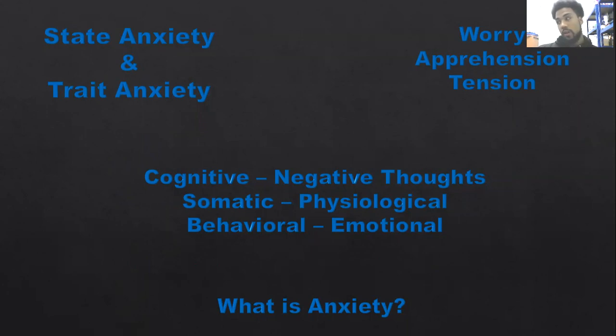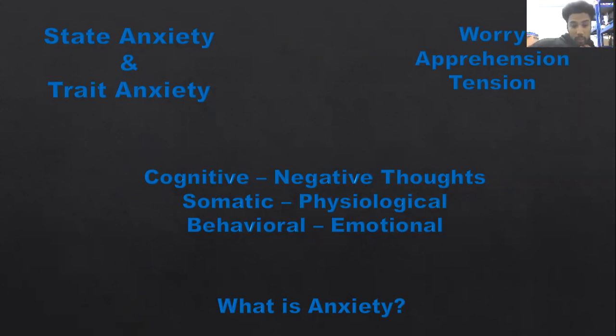Now it can be manifested in certain different ways. So you've got cognitive, which is psychological: negative thoughts, bad perceptions, which can then develop into the way you perform. Somatic, which is pretty much physiological. So when you start to worry, some people might get clammy hands, they might start to sweat, the heart might start pumping a lot faster, they might start to hyperventilate, that type of thing.